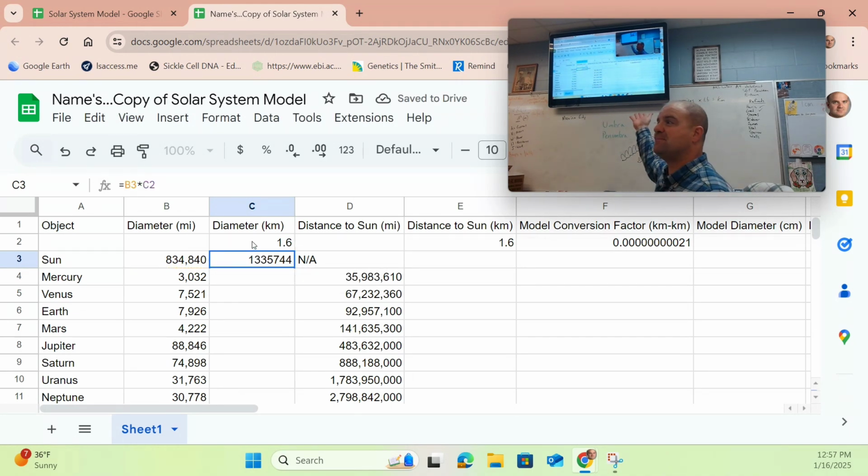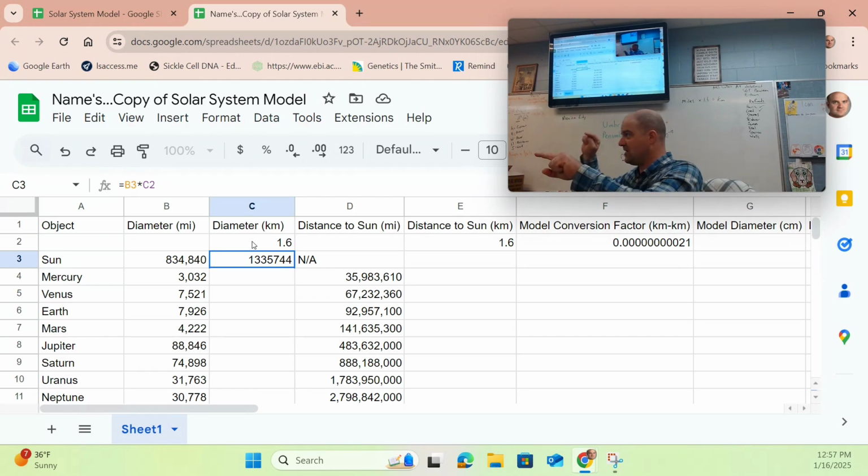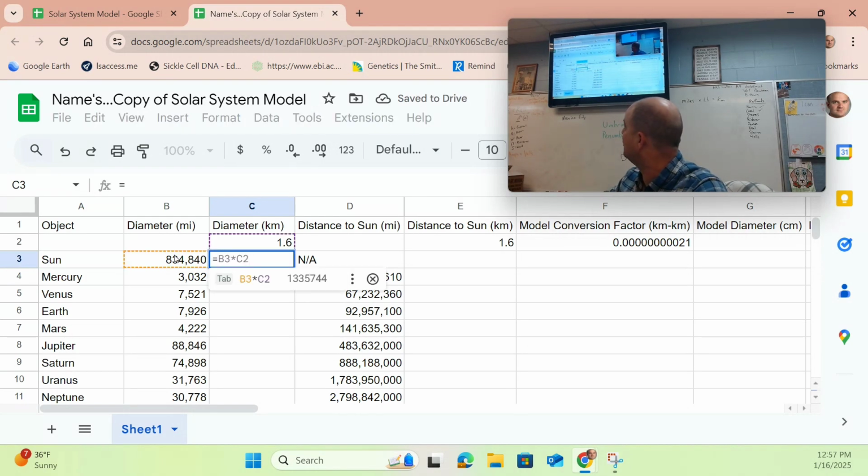Now, if it didn't make the suggestion, then you would just hit equals, and you would click on the boxes that you want to multiply. You'd hit Shift 8, which is the asterisk, the multiplication symbol, right? And then you'd click on the other box. Here, let me demonstrate. If it didn't automate it for you, you would go equals sign, and I would click right on that box.